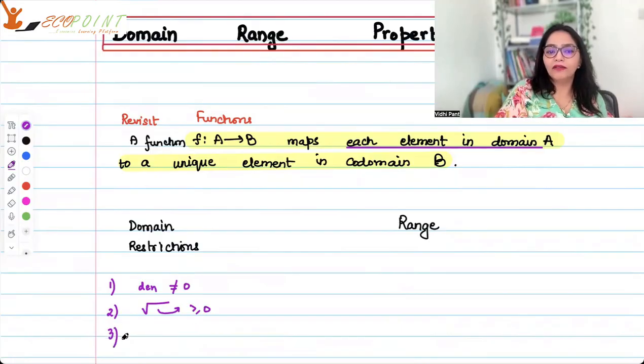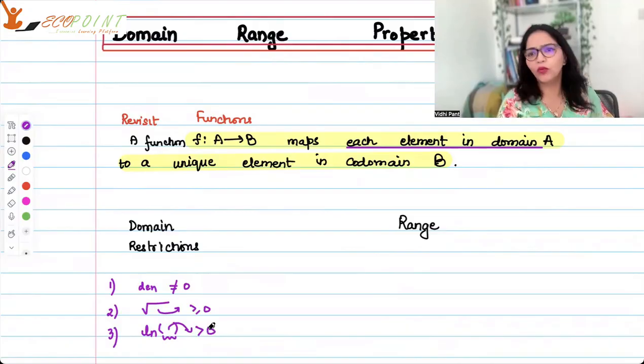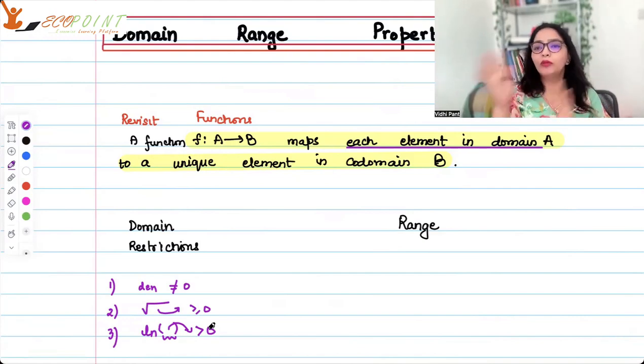If you have say a log function, whatever is with the log has to be strictly greater than 0, and so on and so forth. So these are certain things that you will always have to keep in mind while finding out those valid x's which will produce images, which you can take in the domain.